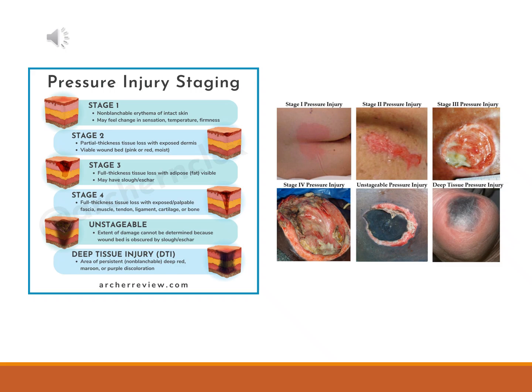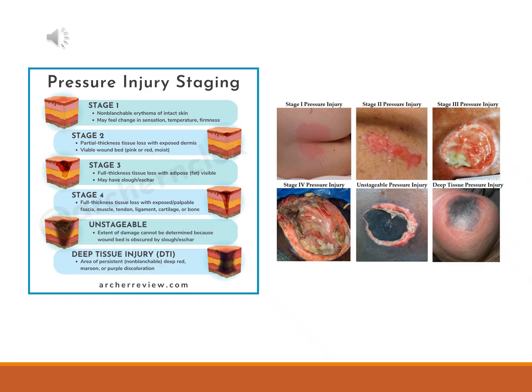For an unstageable wound like this, we would typically do a debridement, where we would go in and scrape this out with a scalpel so that we can get that dead skin out of there to really see how deep that pressure injury goes. So an unstageable wound is covered by a slough or an eschar, which is deadened skin, and we cannot determine how deep it goes.